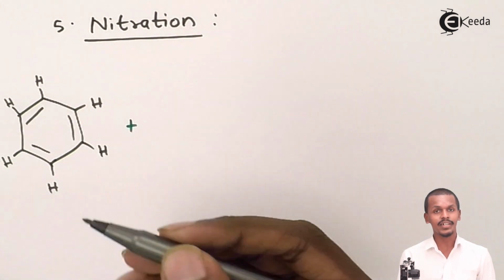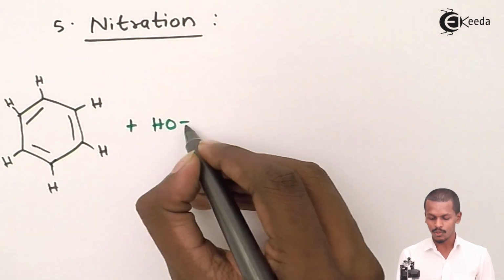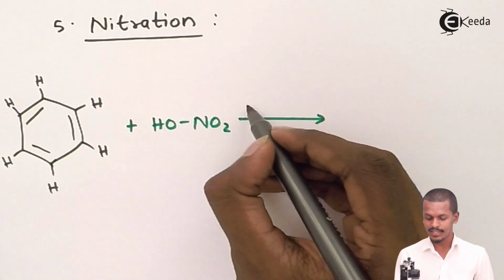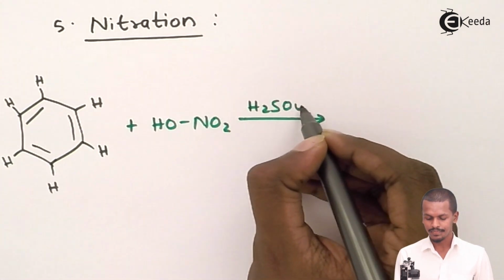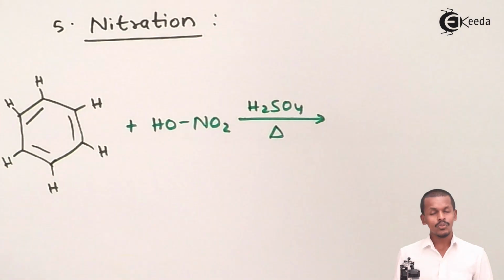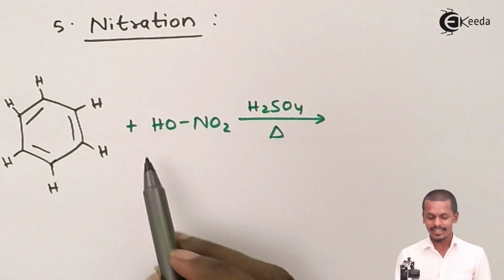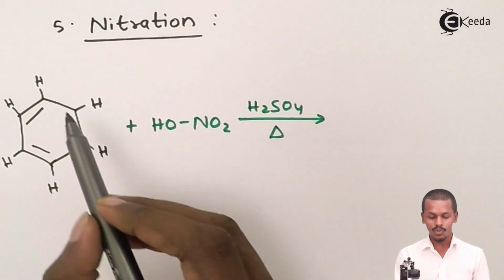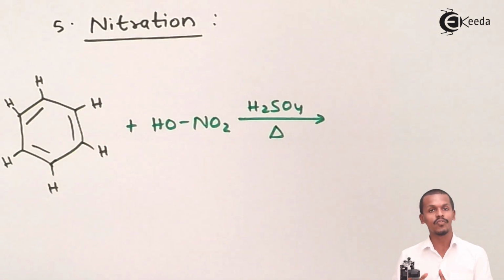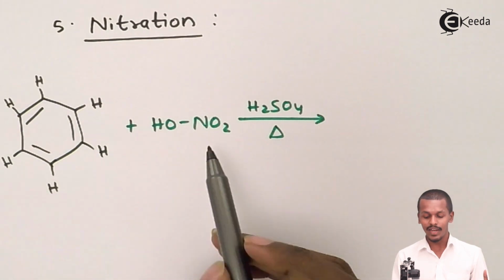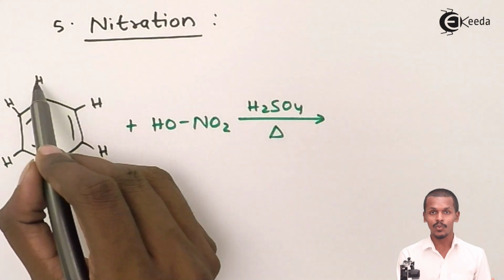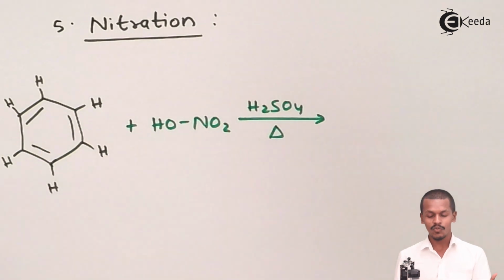Nitric acid can be written in this form, HONO2, in presence of sulfuric acid, H2SO4. The overall reaction takes place in such a manner that the hydroxyl group removes the hydrogen atom to form H2O as a byproduct, and meanwhile the NO2 group replaces the hydrogen atom. So one hydrogen atom is replaced and we get nitrobenzene.